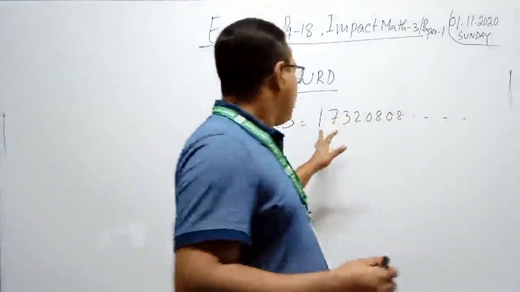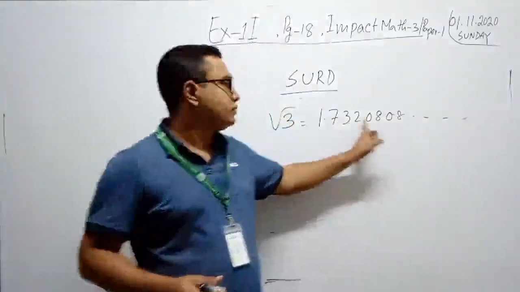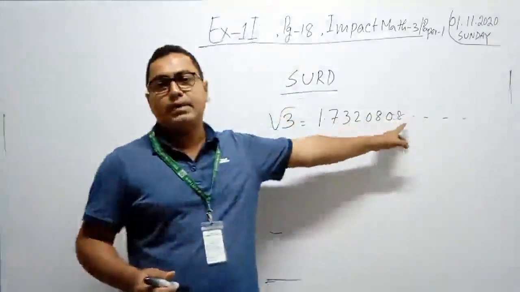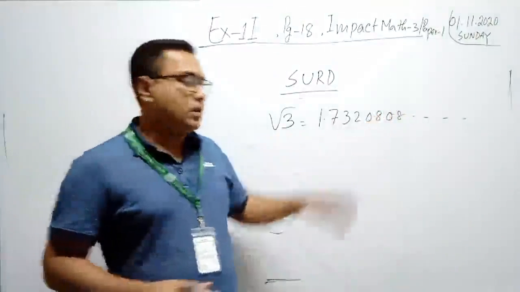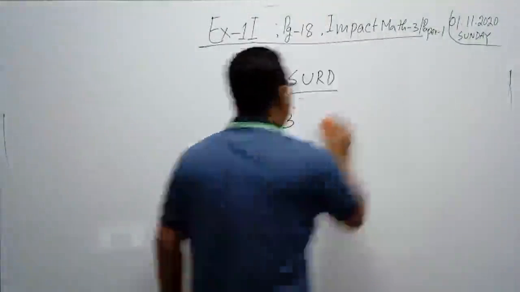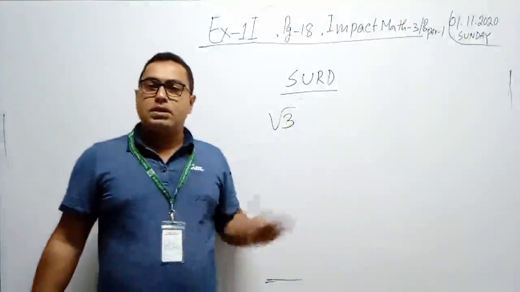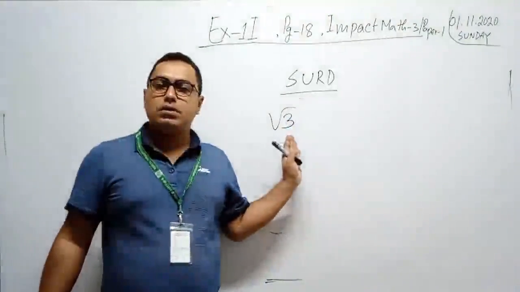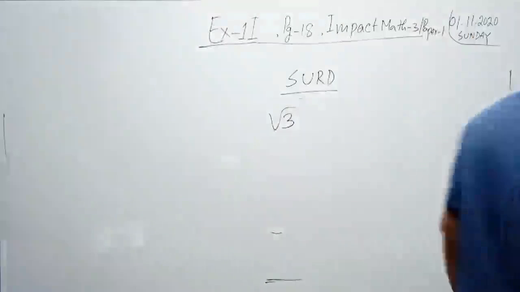So this is not the exact value. Here you will have some unlimited values that you cannot write in the calculator. So that is why we keep it in this form. This is called surd.